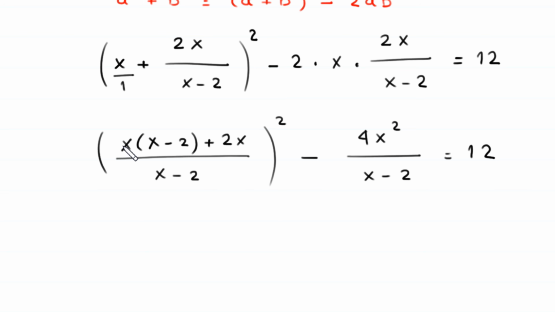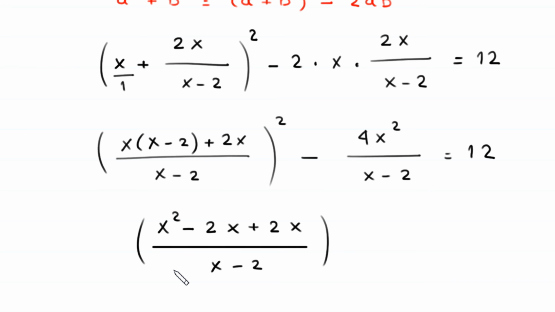Distribute this x times x will become x², x times negative 2, negative 2x plus this 2x divided by (x - 2) whole squared minus 4x² divided by (x - 2) equal to 12.